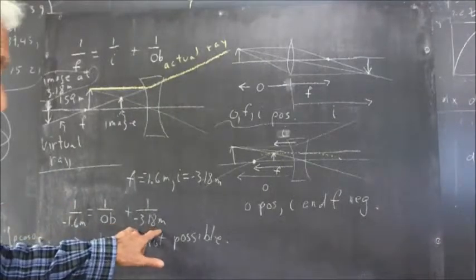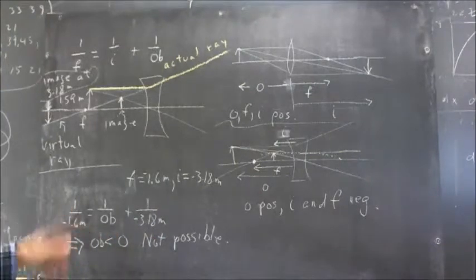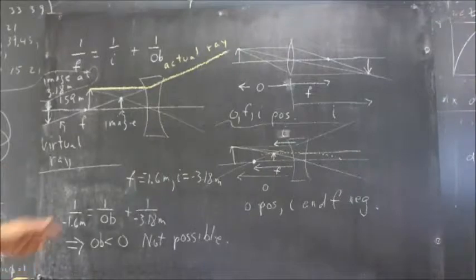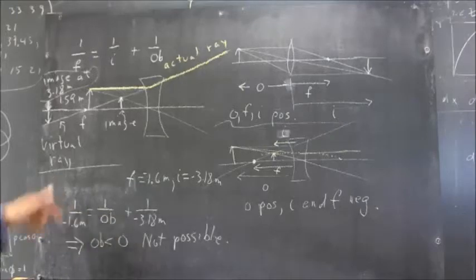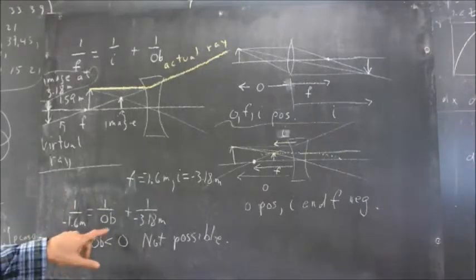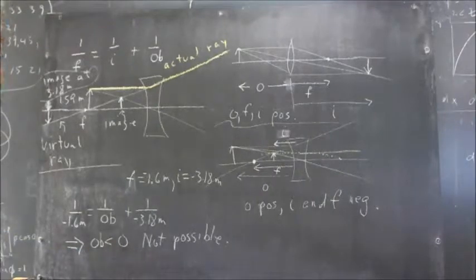You can convince yourself in lots of ways that adding this quantity to both sides is going to give you a negative, which would mean that the object distance would have to be negative, and that's not possible. So the equation tells us that it's not possible, and the picture tells us that it's not possible, and the two reconcile.